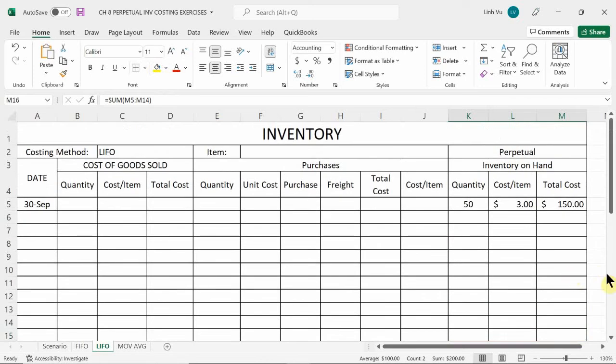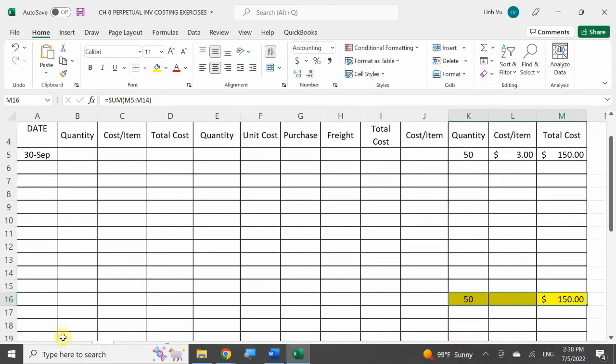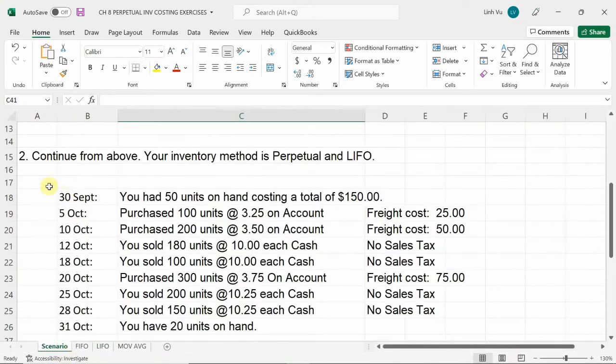Let's go ahead and see what is next. October 5th, we end up purchasing 100 units at $3.25 each with a freight of $25.